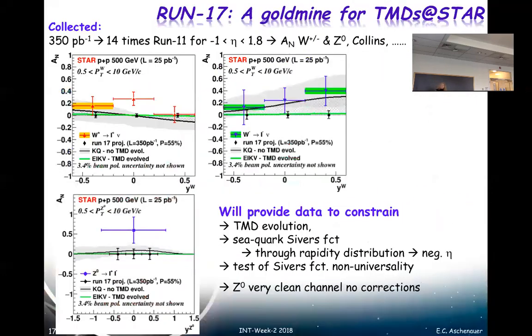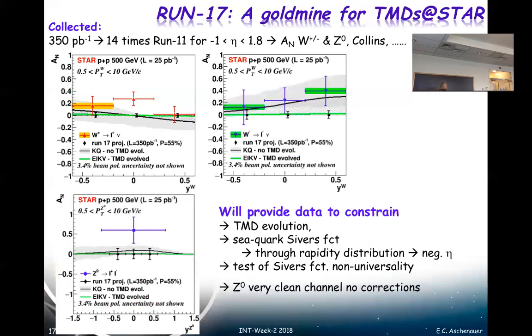The first one, we have seen quite often, that's why I don't want to discuss it in more detail. That is the A_N for the W plus, W minus, and the Z. With around 2017 data, we can improve enormously on the statistics, because of the factor of 14. So you see the error bars go down to this here in black. And for the Z, we can even split the points into 3 points in rapidity.